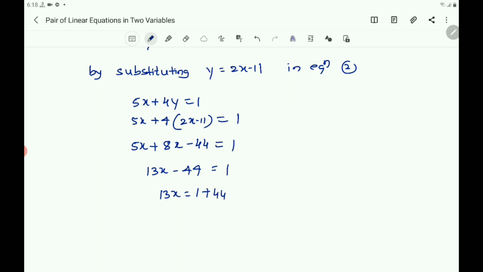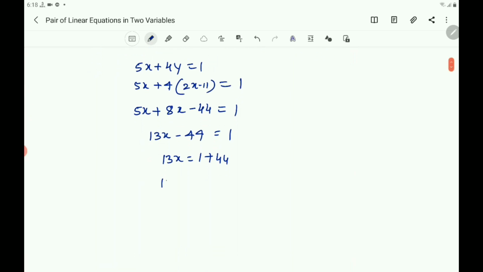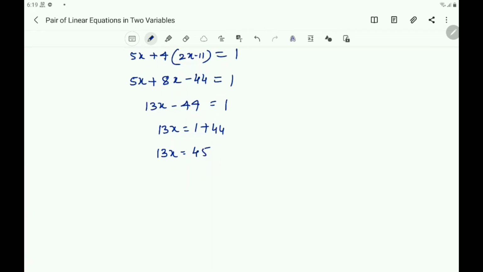Then you will get 13x equals 1 plus 44 is 45. Then you write x equals 45 by 13.